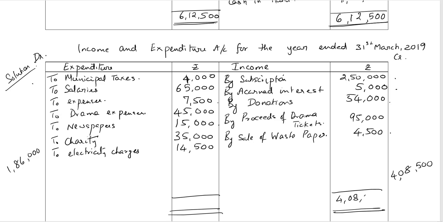The greater total is 4,08,500. To surplus, the balancing figure, 4,08,500 minus 1,86,000 rupees.